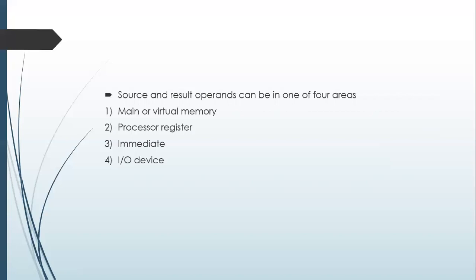You can fetch the source operands from your input output devices, or you can send the result operands to, or save the result operands into, output devices. So your source and result operands can be found in any of these four areas.